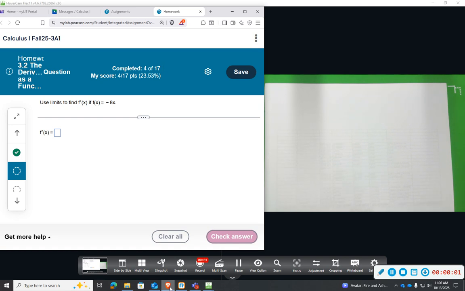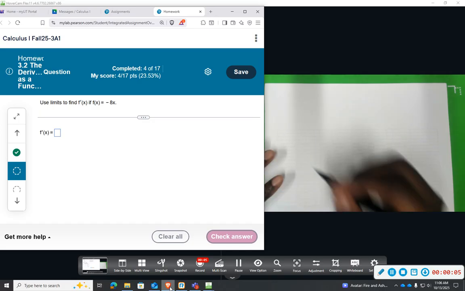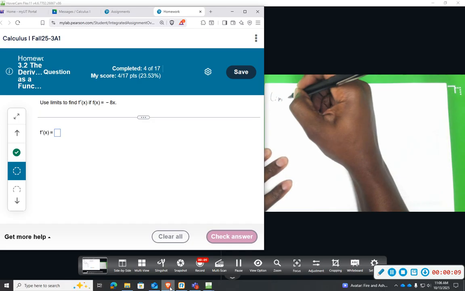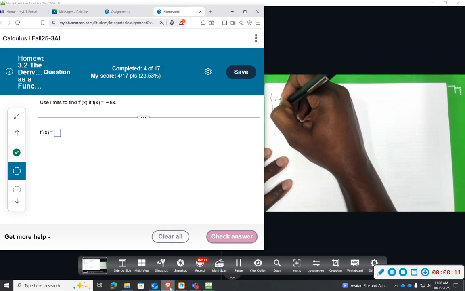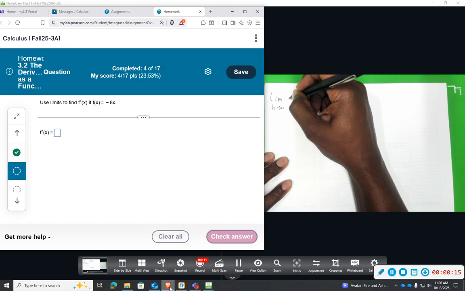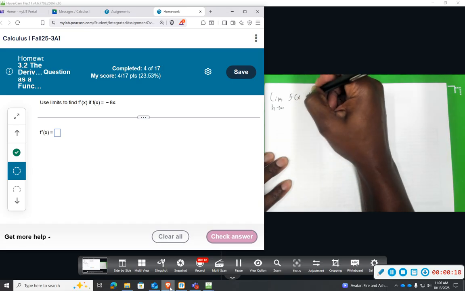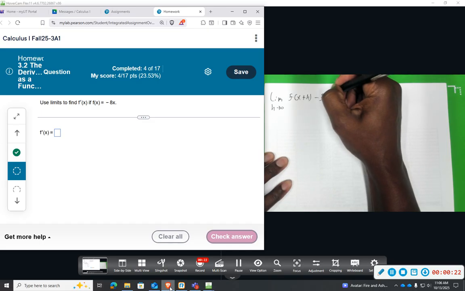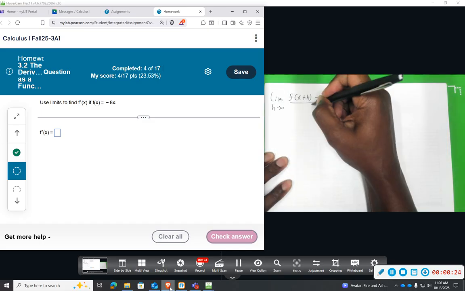Alright, so next we want to use limits to find f prime of x. So we're going to use the limit as h goes to 0 of f of x plus h minus f of x, all over h.